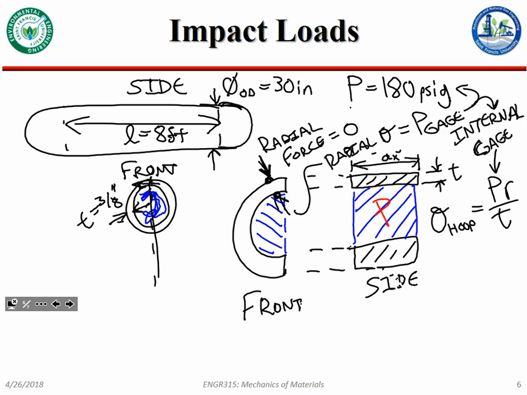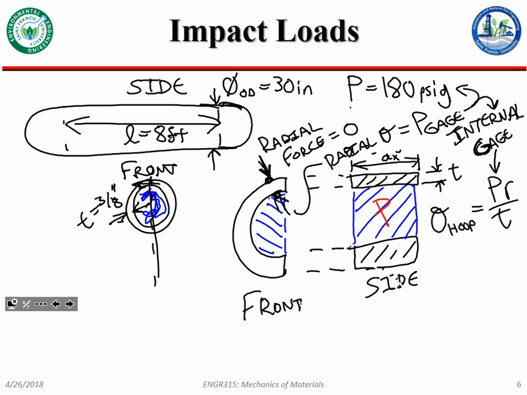If you wanted to look at the stress on the inside wall, then yeah, it'd be OD over 2 minus T. If you want to look on the outside wall, it'd just be OD over 2. Okay? But then the stress would be 0 because P is 0. Remember, this is internal gauge pressure.